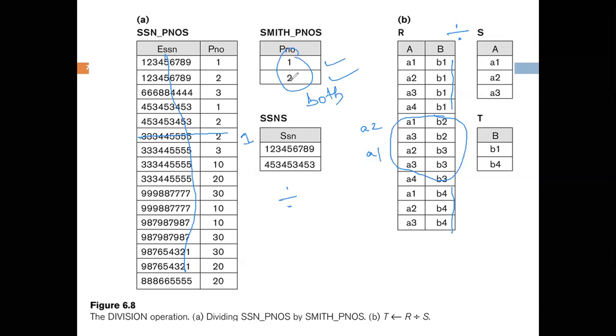If it is missing any one, then it will not be present. So this is about the division operation. Here in the result we'll have B1 and B4 because B1 and B4 are matching with all the values of S.